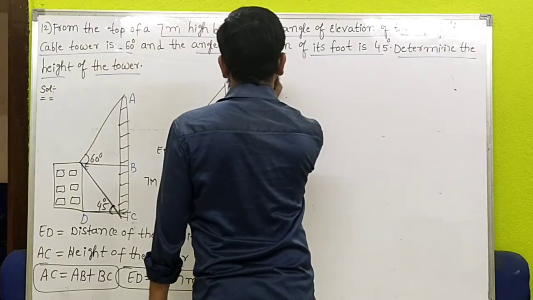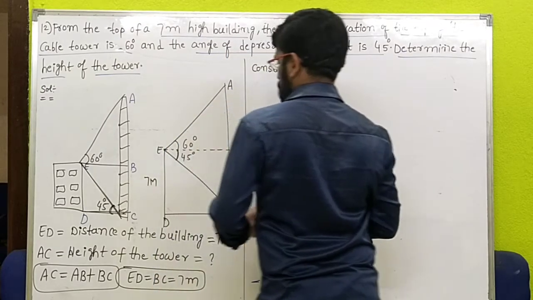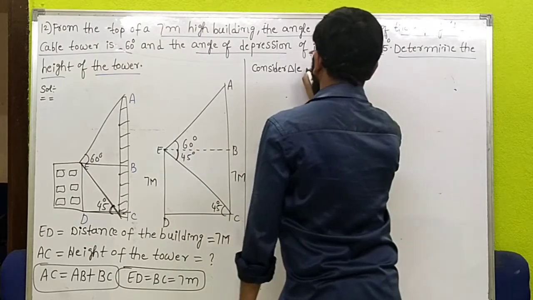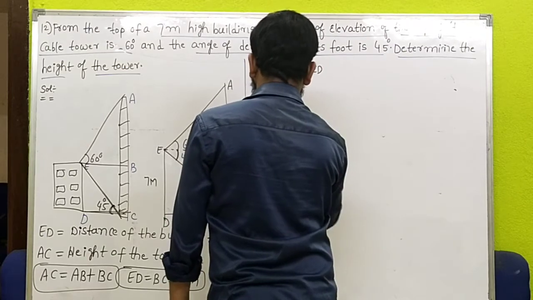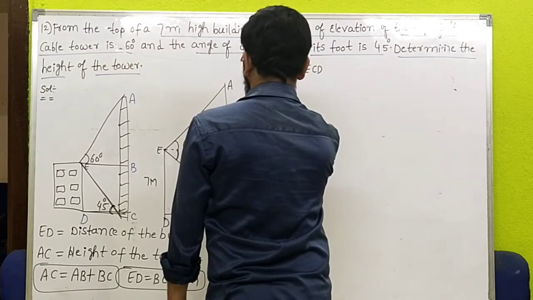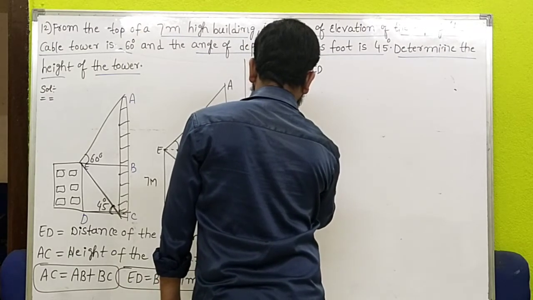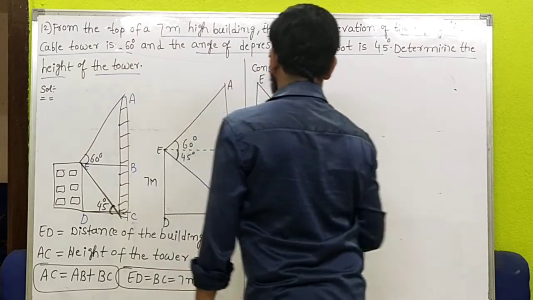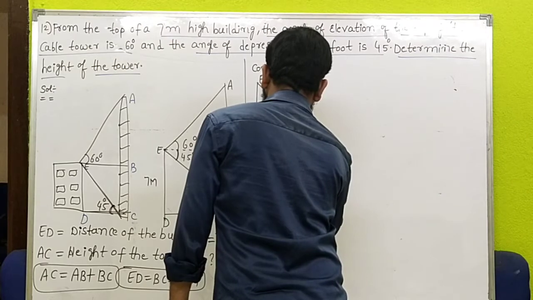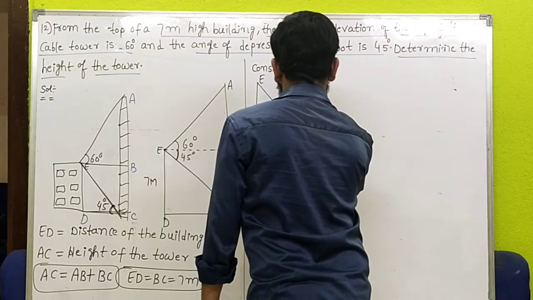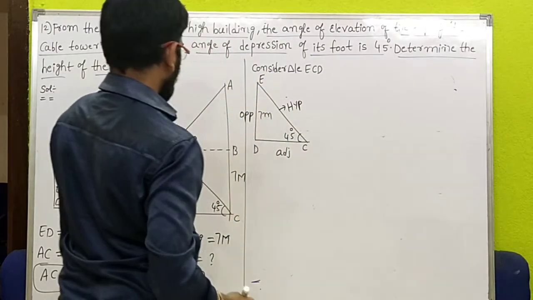Now consider the triangle ECD. The angle is 45 degrees and the height is given as 7 meters. Here we take the angle as theta. This is the adjacent side, this is the hypotenuse and this is the opposite side. We want the adjacent side.